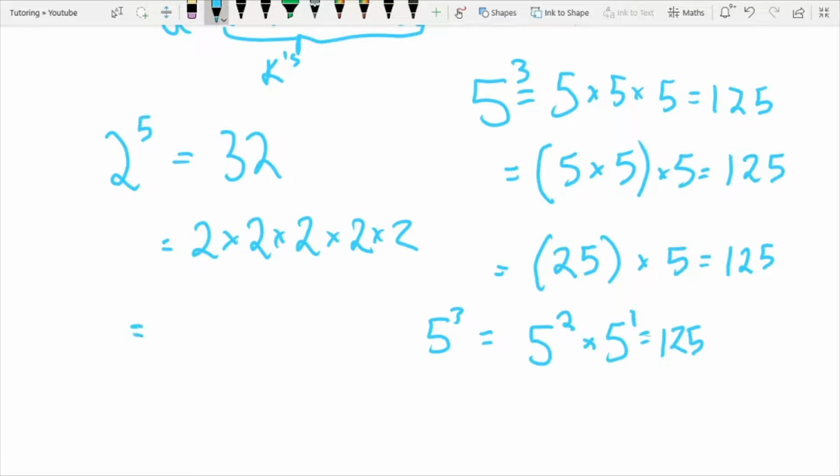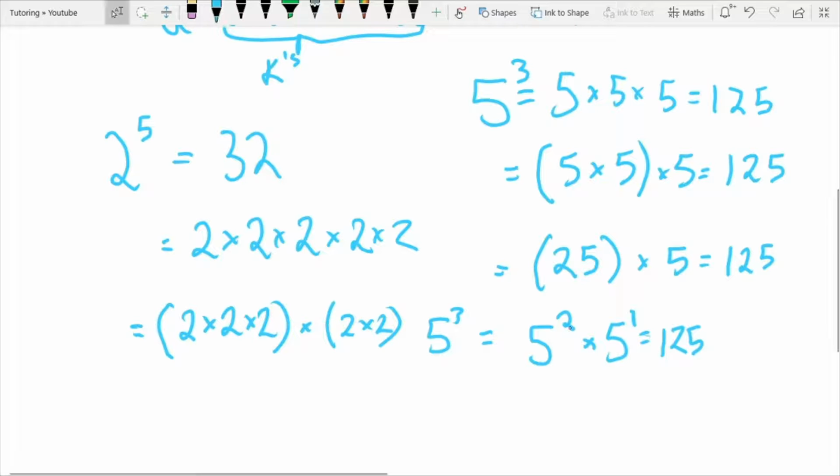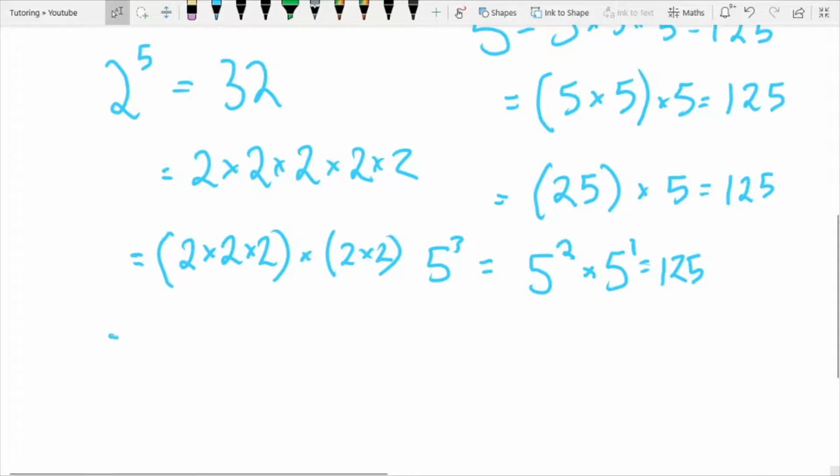We can split that into 2 parts. We can say this is equal to 2 times 2 times 2 times by 2 times 2. So in the end, there are just 5 2's being multiplied together. But you can split them into chunks, and we split this into this chunk being, well, there are 3 2's, so this is 2 cubed, 2 to the 3rd times 2 to the 2nd.